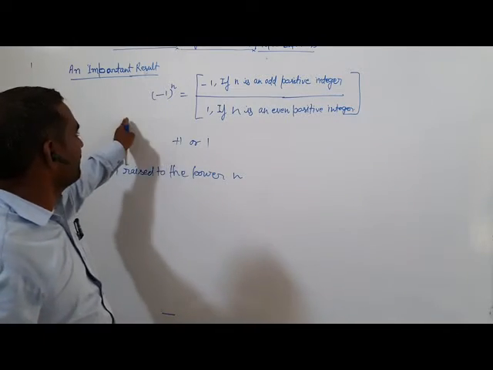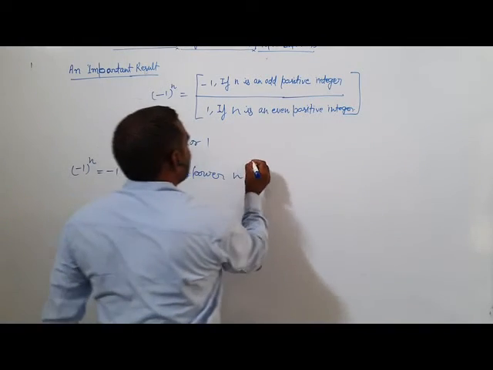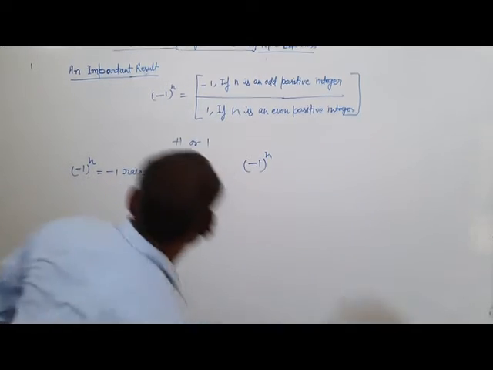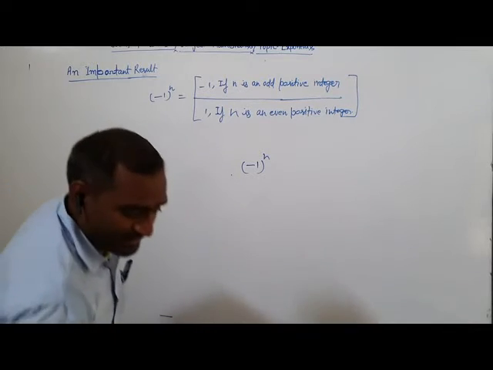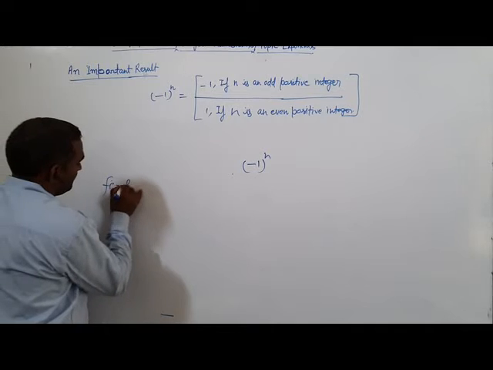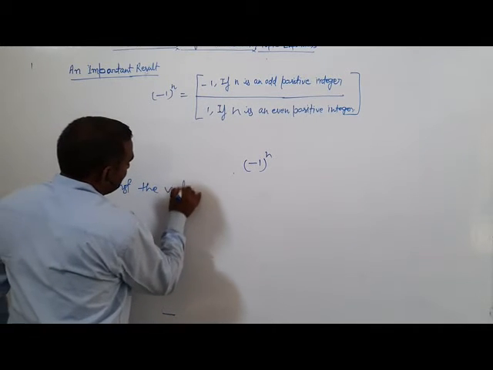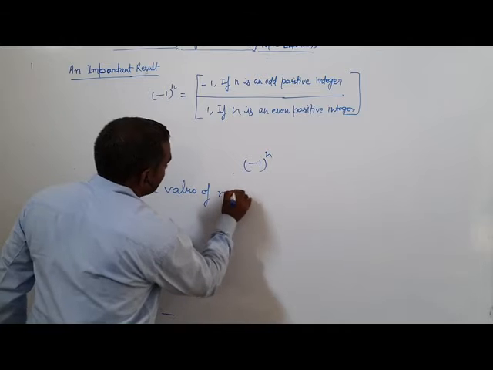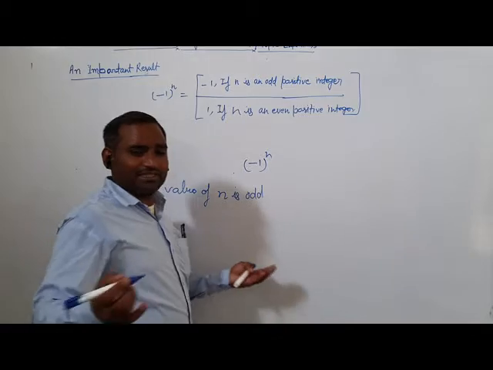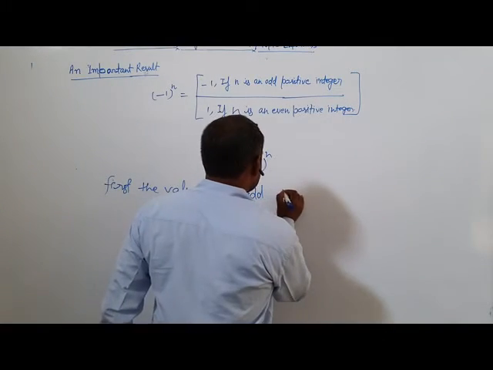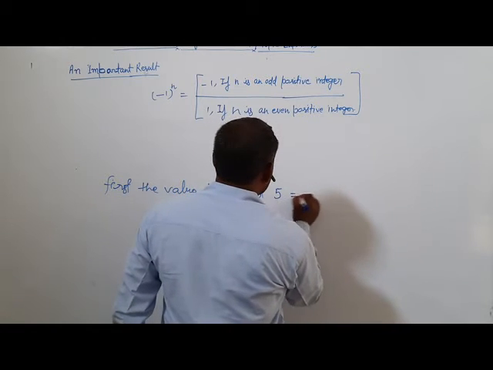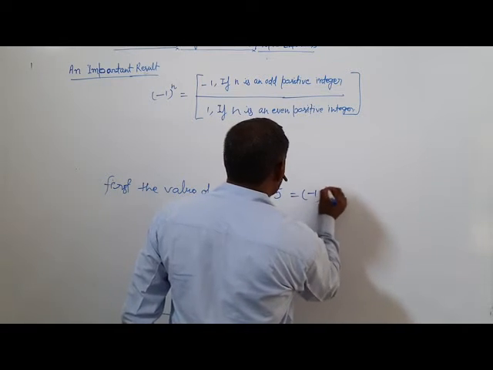Take the value of odd and even. Let -1 raised to power n. First, take the value of n as odd: 1, 3, 5, 7. Take 3 or 5. You can write -1 raised to power 5.